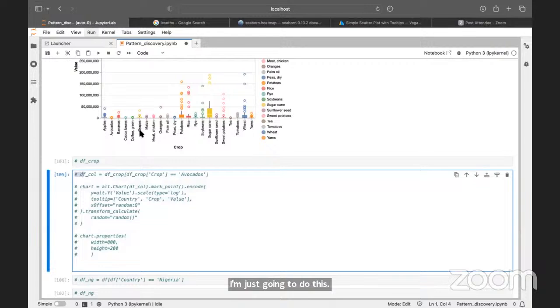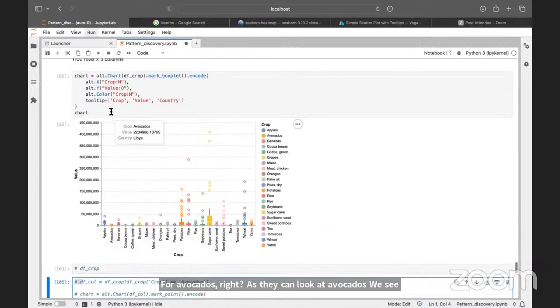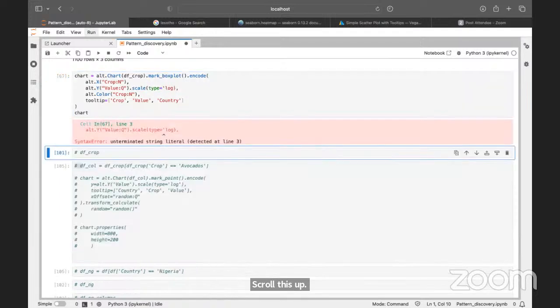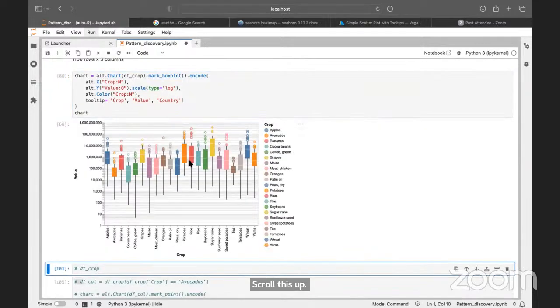Let's take a look at avocados. We see an interesting, okay, let's scale this up. So for avocados, we see an interesting list.